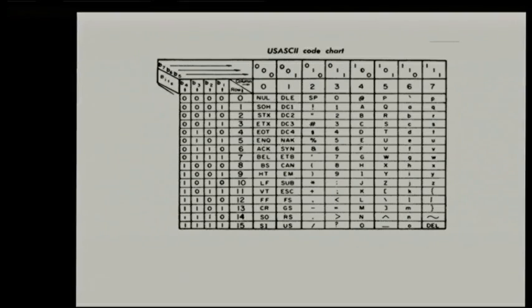So they're related to what happens under high bit error rates and what gets confused with what when bits go wrong. And then other things relate to certain kinds of categorization. So shifting from uppercase to lowercase, for example, is a matter of flipping a single bit. And that was done deliberately to make certain operations more efficient.